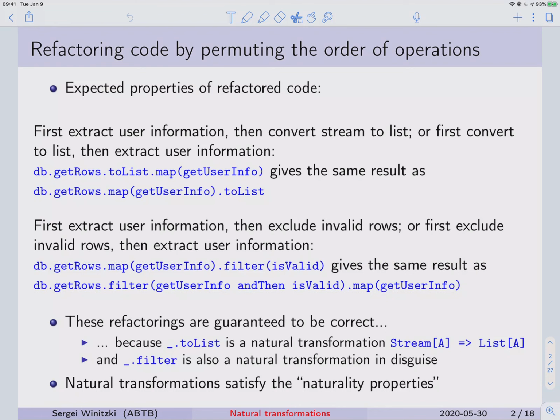And the reason it's guaranteed is that this function, toList, is actually a natural transformation. It's a function whose type signature can be something like this. And this is a typical type signature of a natural transformation. The filter function, although it doesn't look like a function with this type signature, it's also actually a natural transformation.